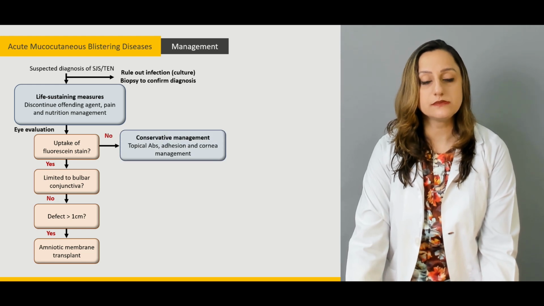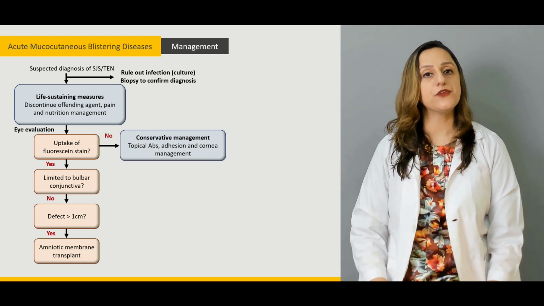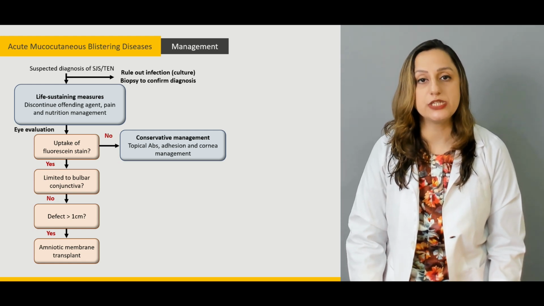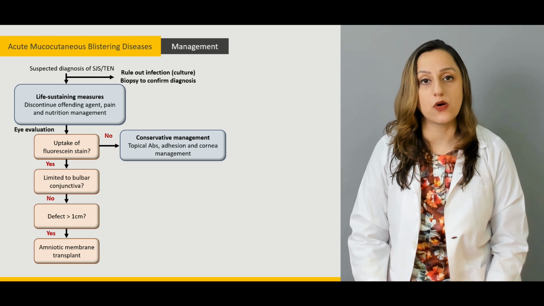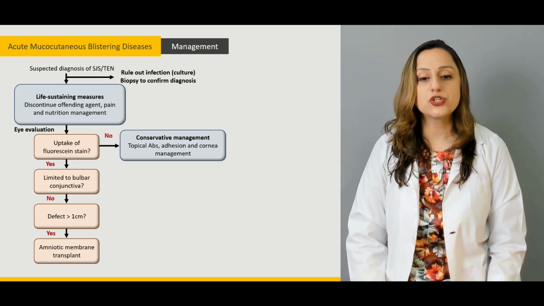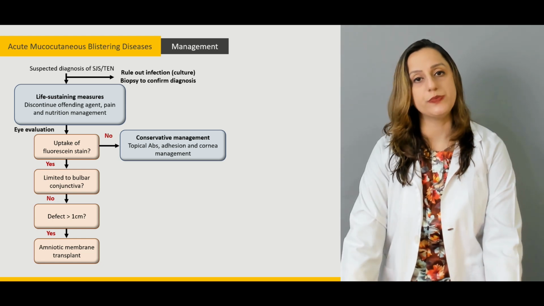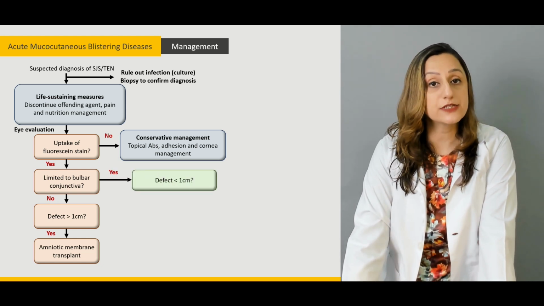If there is no uptake of the fluorescein stain, we just perform conservative management. We give protective measures towards the cornea and the conjunctiva. Topical antibiotics, adhesion prevention and corneal management would be given to the patient as a protective factor.